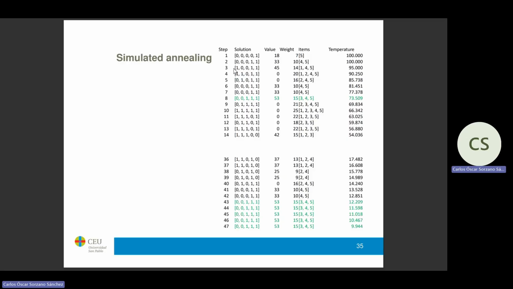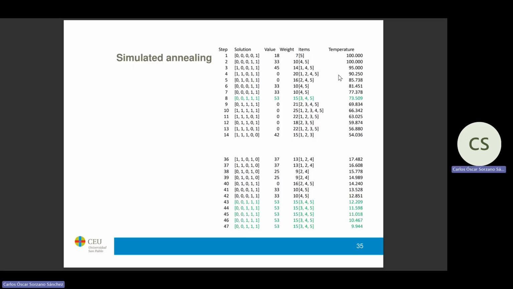Then we compute another neighbor, that is this one. The value is better, so we keep it. And you see that the temperature has started to decrease. And this one is a neighbor of this one, but the value is 0 because it is infeasible. Still, you take it, because the difference, that is 45 to 0, is still, at this very high temperature, very likely to be taken.